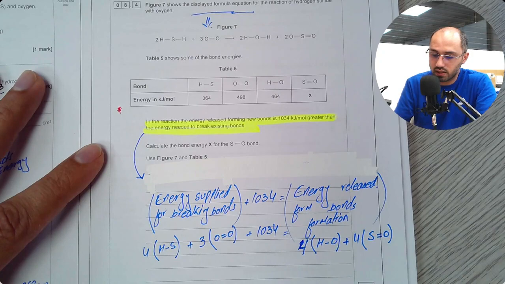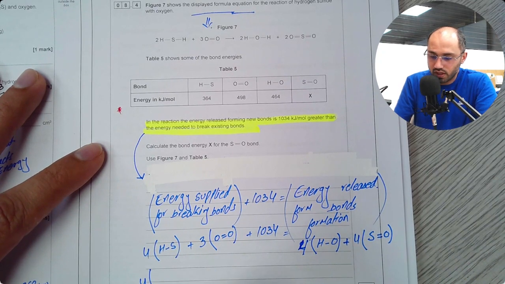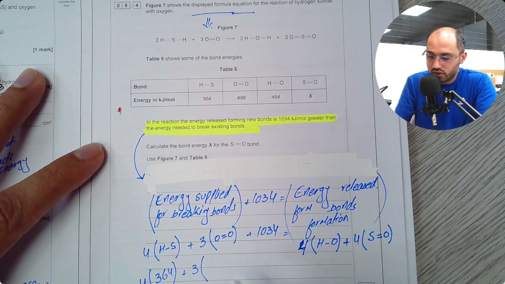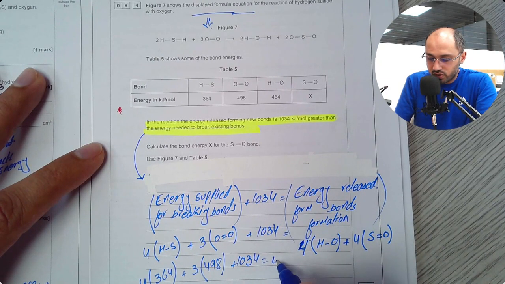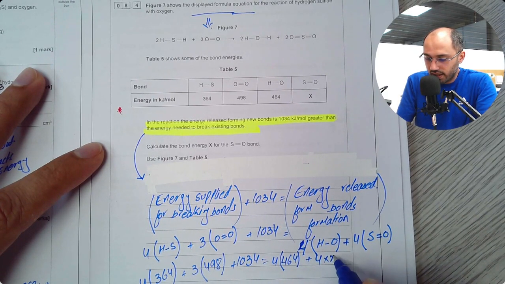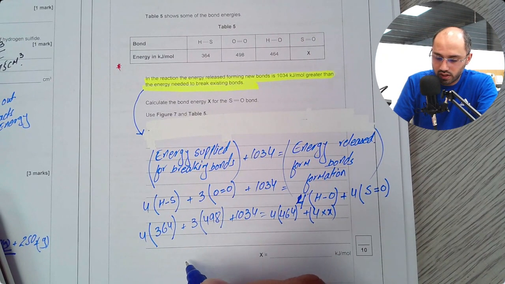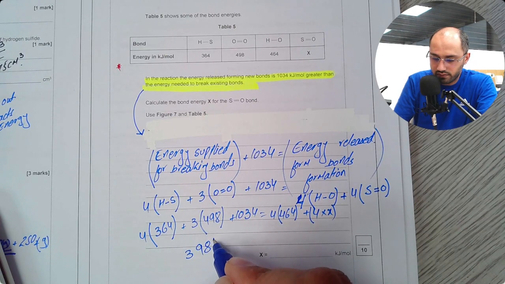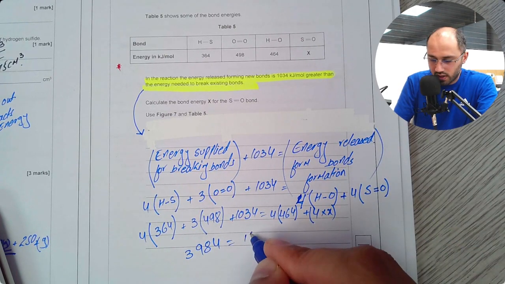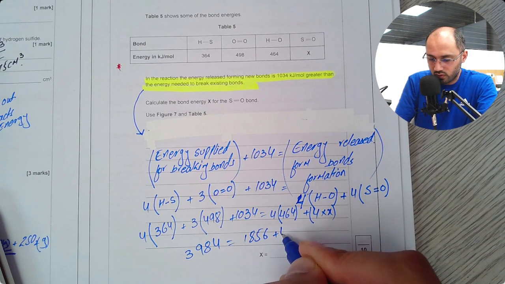So here I can say it will be 4 times 364 plus 3 times 498 plus 1034 equals 4 times 464 plus 4 times x. If you add numbers on the left side, you will end up with 3984 equals 1856 plus 4x.